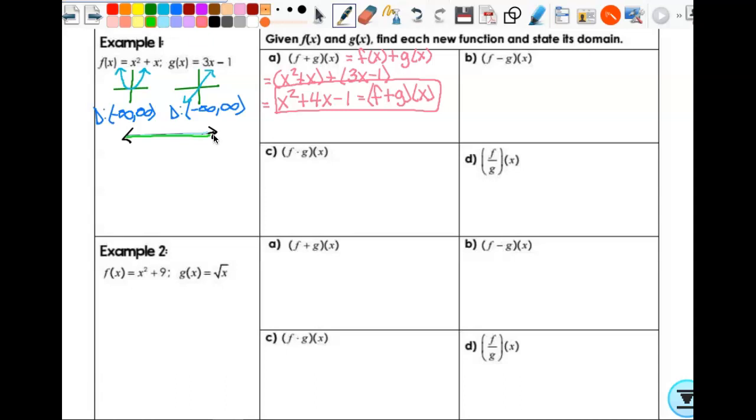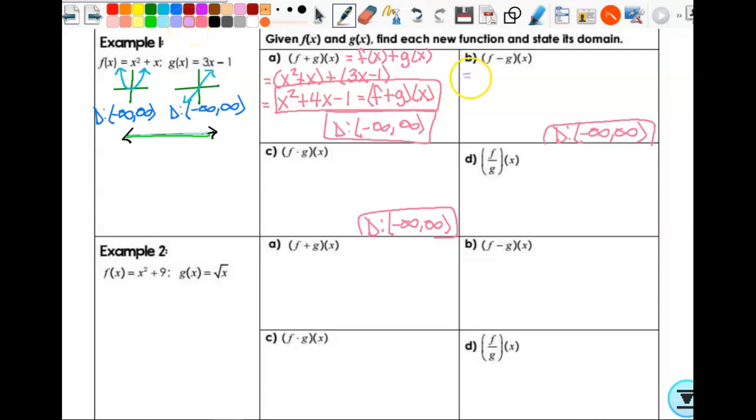So this domain is negative infinity to infinity. And again, once we have that, you know the domain for this one and this one. We're going to have to revisit the quotient when we get there. Okay? Make sense?